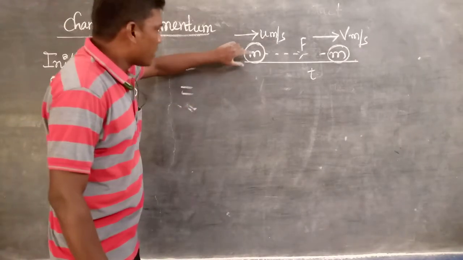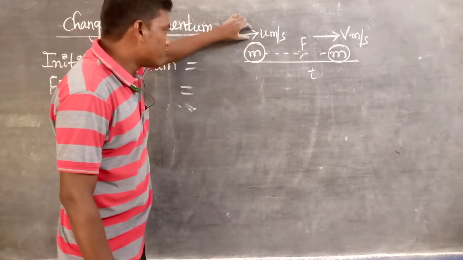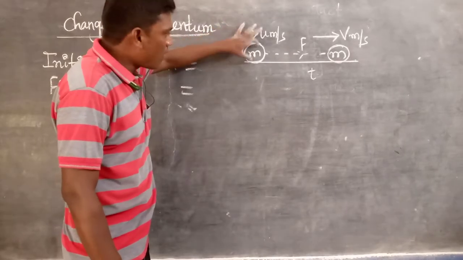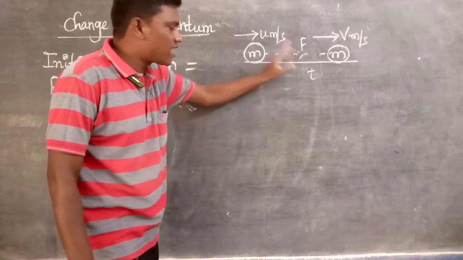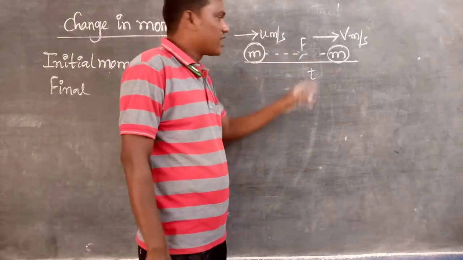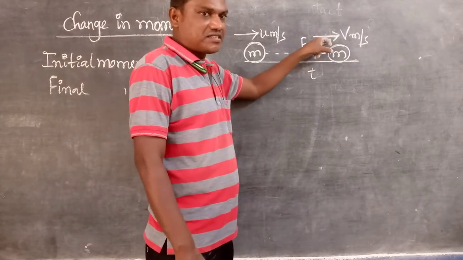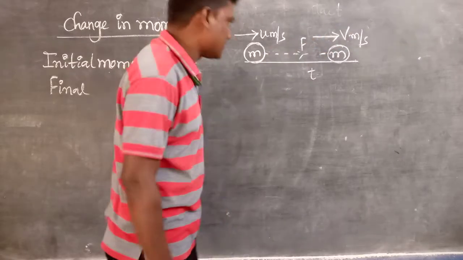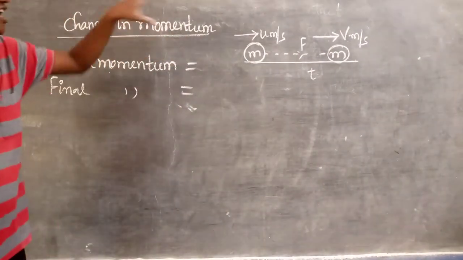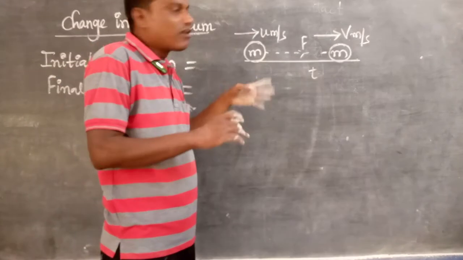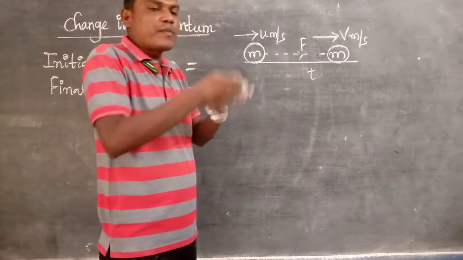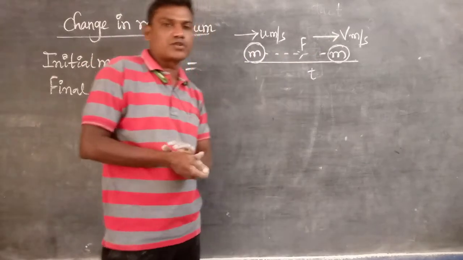A body of mass m moves with initial velocity u. Now on that body, a force is applied up to time t in the same direction of the body. Then the velocity of the body changes and it moves with velocity v. So what is the initial momentum of the body? Initial momentum means, simply, before applying the force. Final momentum means after application of the force.